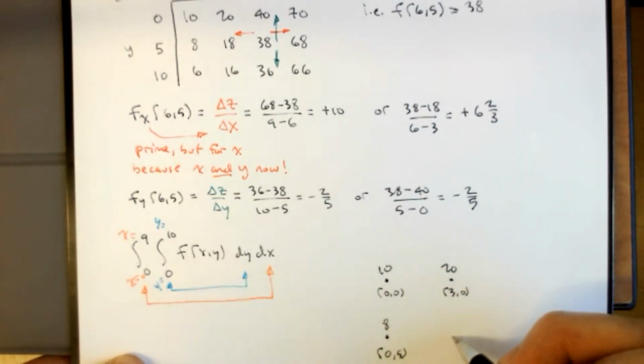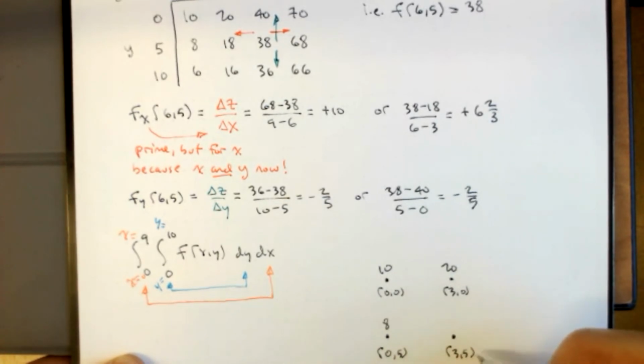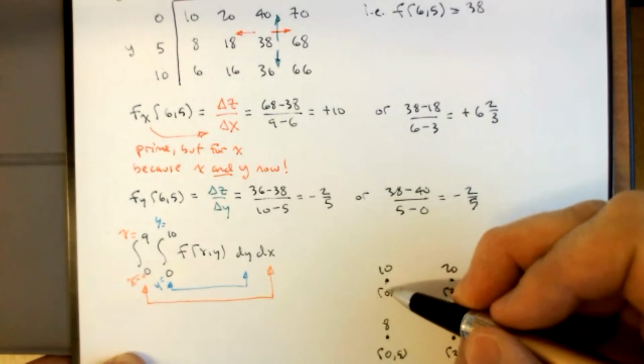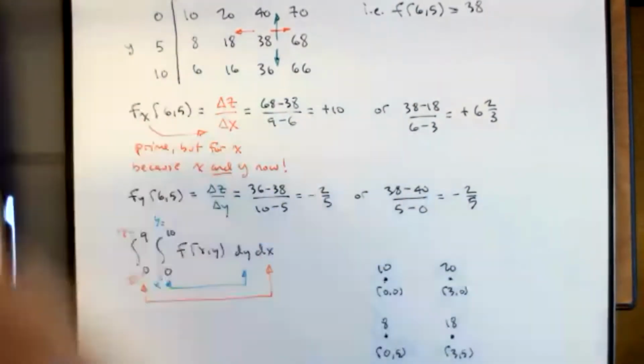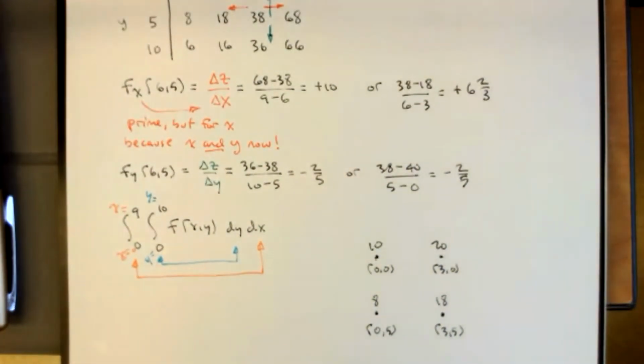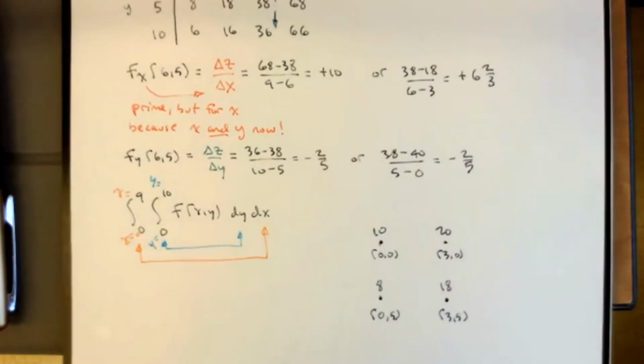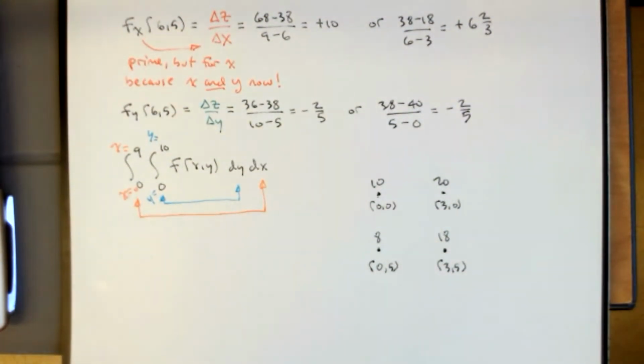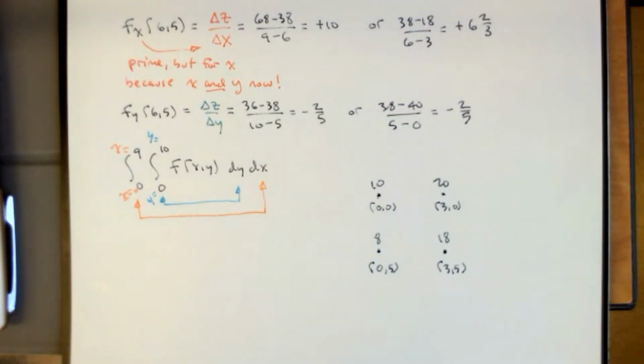And down at this corner, at the point (3, 5), we've got a value of 18. These are the four corners above that first rectangle when x goes from 0 to 3 and y goes from 0 to 5.